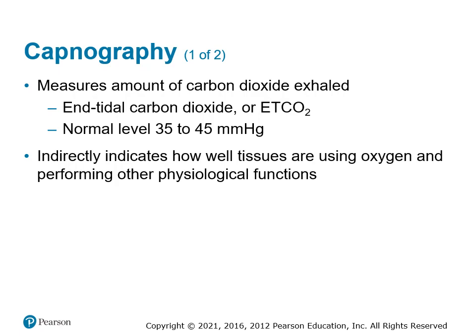It is an accurate indication of whether or not the body is perfusing or metabolizing the oxygen that it takes in, because it's measuring the carbon dioxide, which is the waste product that we're exhaling.